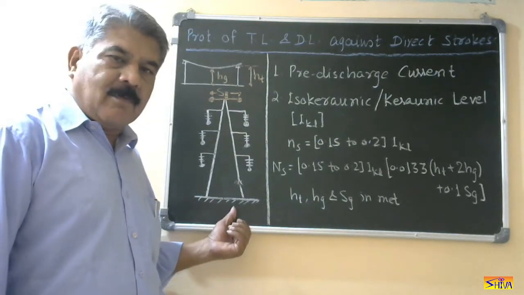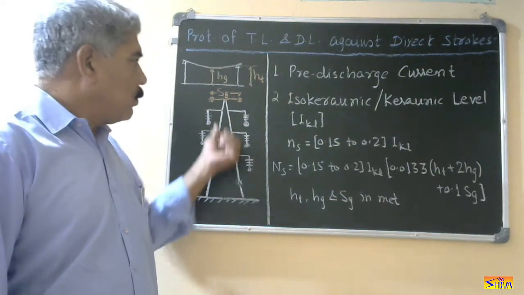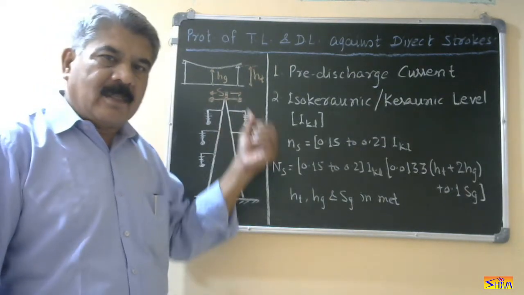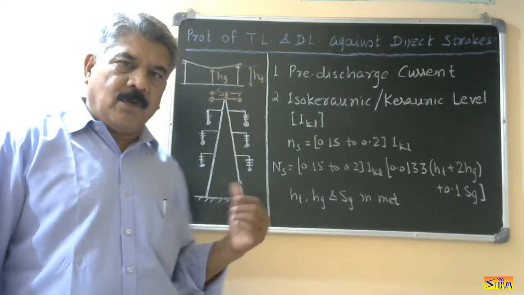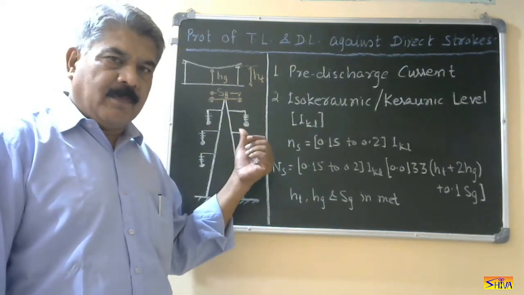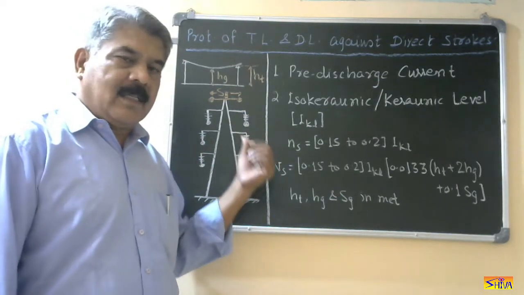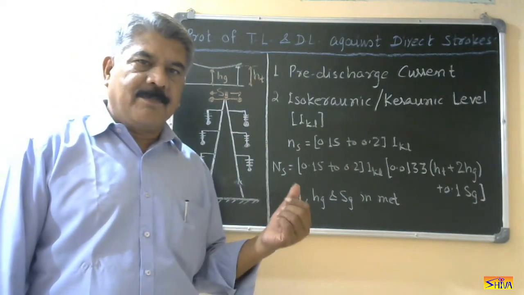Then the current flows from the ground towards tower top. This is called as pre-discharge current. Please remember, it is flowing from ground towards the tower top. Direction is reverse. So that is the pre-discharge current.